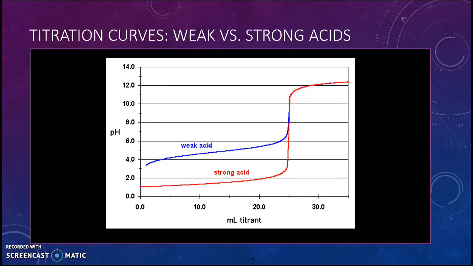And so let's start off by looking at just the different types of titration curves from the outset. So this one right here would be, possibly, we have a solution of HCl and we titrate it with sodium hydroxide.